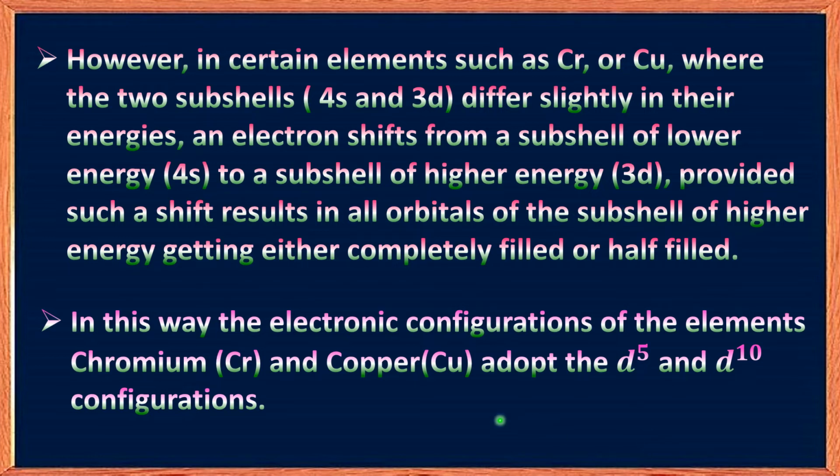Similarly, copper will get the d10 electronic configuration by shifting an electron from 4s to 3d. In this way, these two atoms, chromium and copper, have abnormal electronic configurations compared to the usual ones.